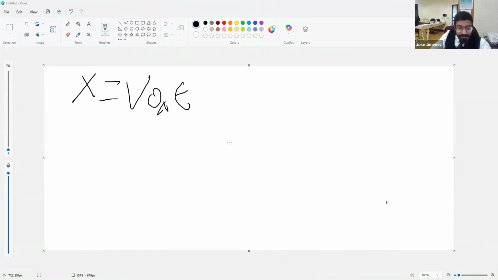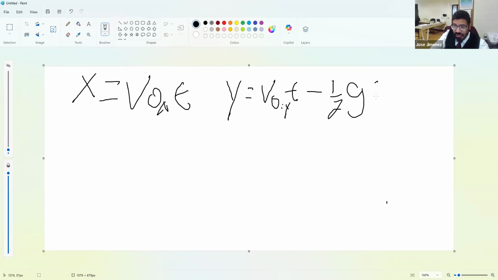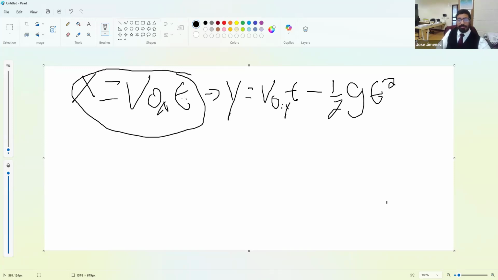It was y equals v initial y t minus 1/2 g t squared. So what we essentially want to do is just solve for t here and plug it into this equation.